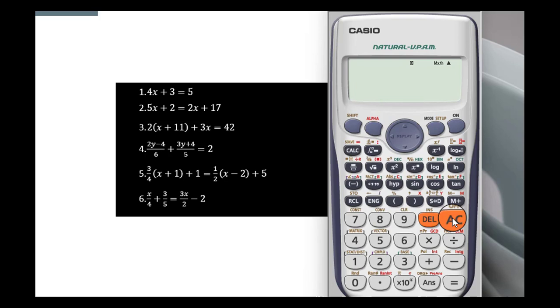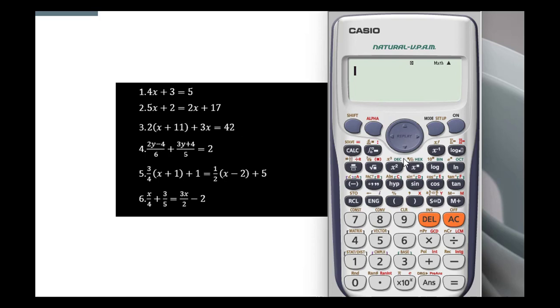So whatever variable that is up there, like the y we have here, just convert it to x and then solve with it. So I'm going to rather type 2x minus 4 over 6 plus 3x plus 4 over 5 is equal to 2. After all, a variable is a variable. But in your presentation, you should know that the actual value in the question is y. Let's proceed further.